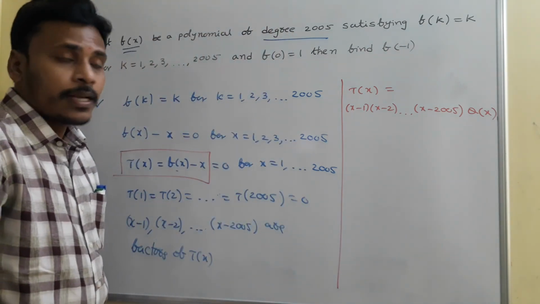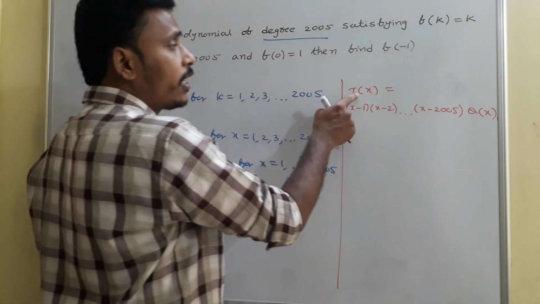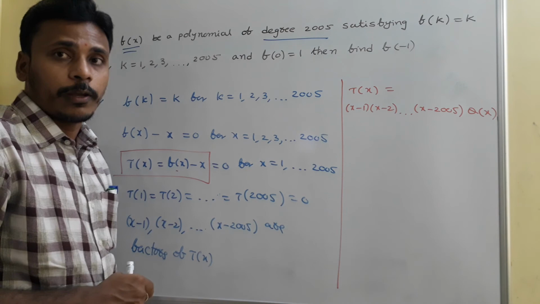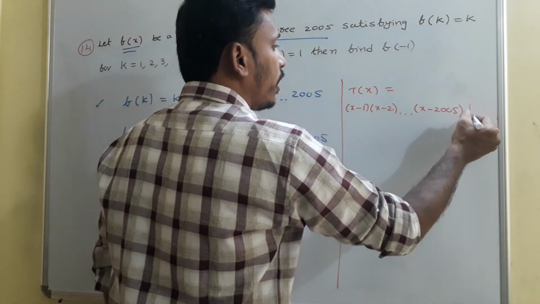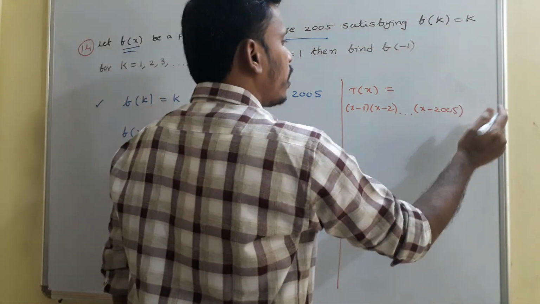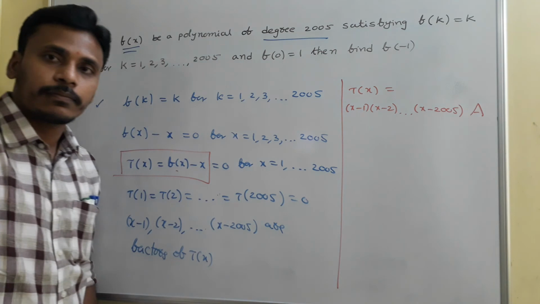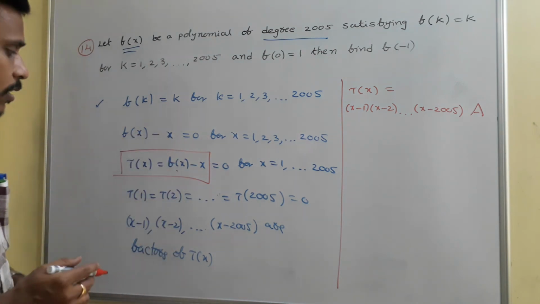We can't write the degree of the right hand side separately because the degree of the left side t of x is 2005. So to maintain the same degree, take it as some constant a, anything as per our comfort. But we don't know a; to find a is our task.